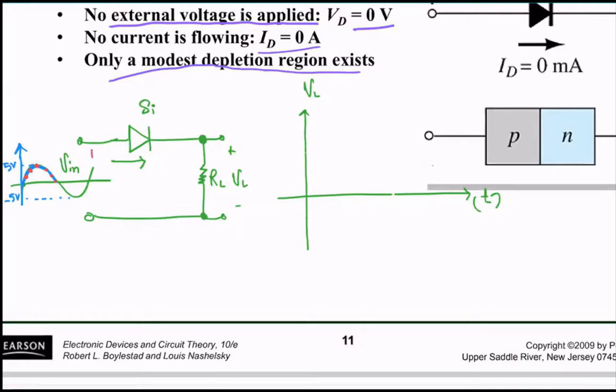So the positive terminal is connected to the positive terminal of the diode. Is your diode working in forward bias or reverse bias here? Forward bias. So your output voltage VL is going to be similar to the input.